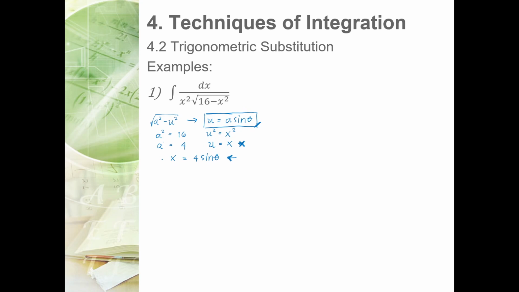After identifying the values for the formula, the next step is we get the derivative. The derivative of x is dx. Then the derivative of 4 sine theta is 4 cosine theta d theta.